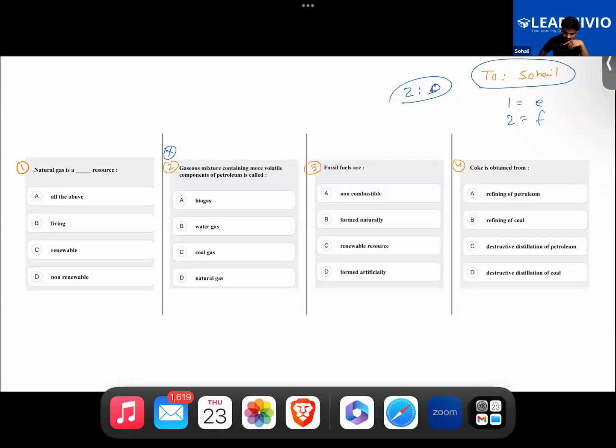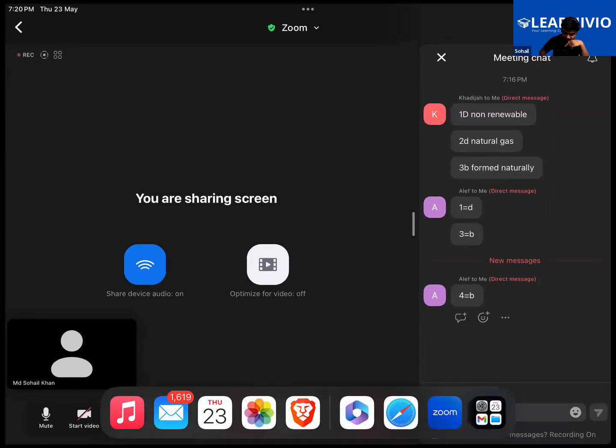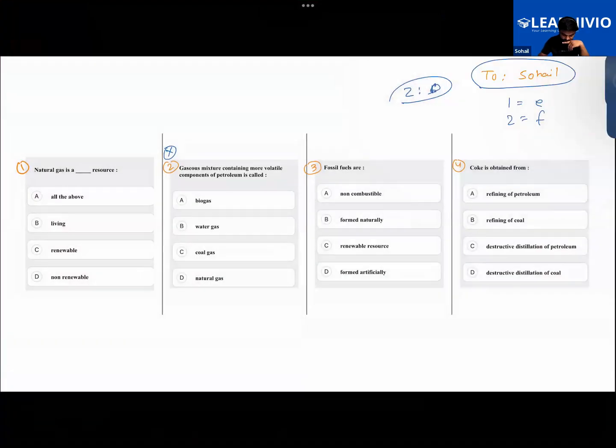But anyways, Alif, the fourth one you're answering is B1D 3B 4B. Sir, can you see that? For the fourth one, which option are you answering? Refining of coal? How can it be refining of coal?